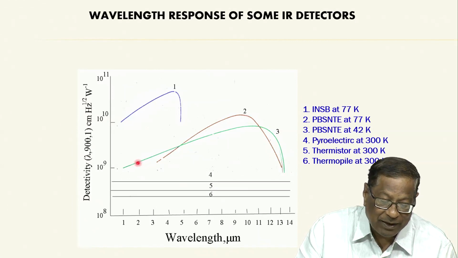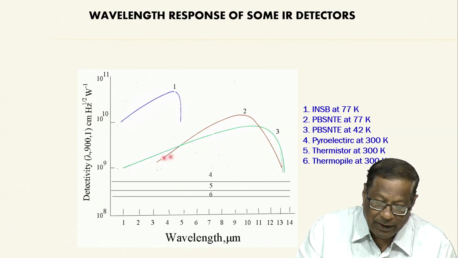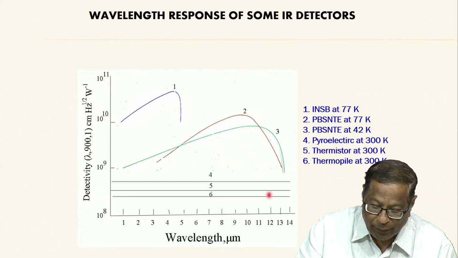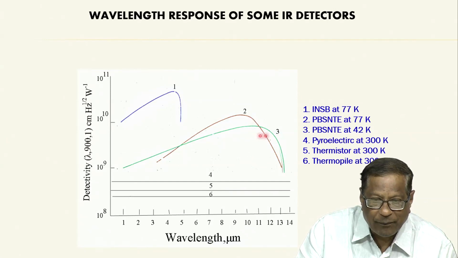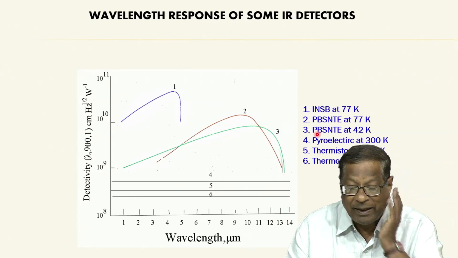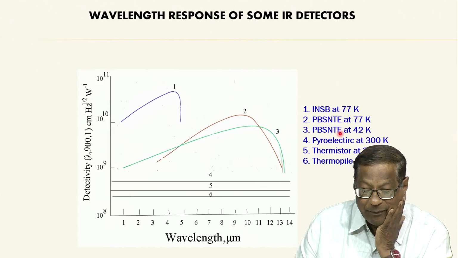And then number 3 keeps on increasing from 1 up to almost 11, the green one, and then it falls off at higher wavelengths. So, that is lead, antimony and tellurium.